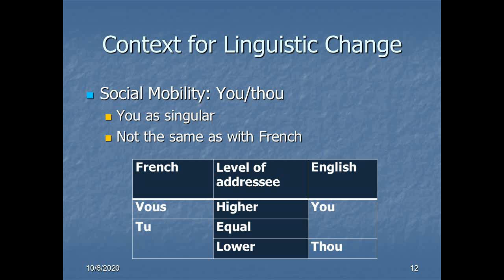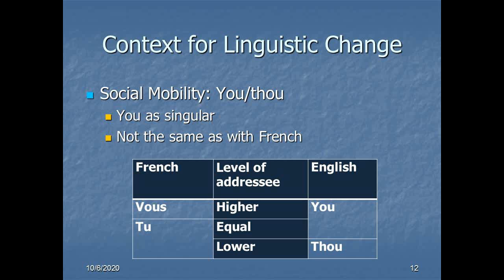What this came to mean, and this transition isn't complete by the end of the Middle English period, but it's certainly on the way, is that in French, you can address someone as tu, and they can perceive you as addressing them as an equal. That is, there's an ambiguity. You might be addressing them as an equal, you might be addressing them as an inferior. You can give them the benefit of the doubt.